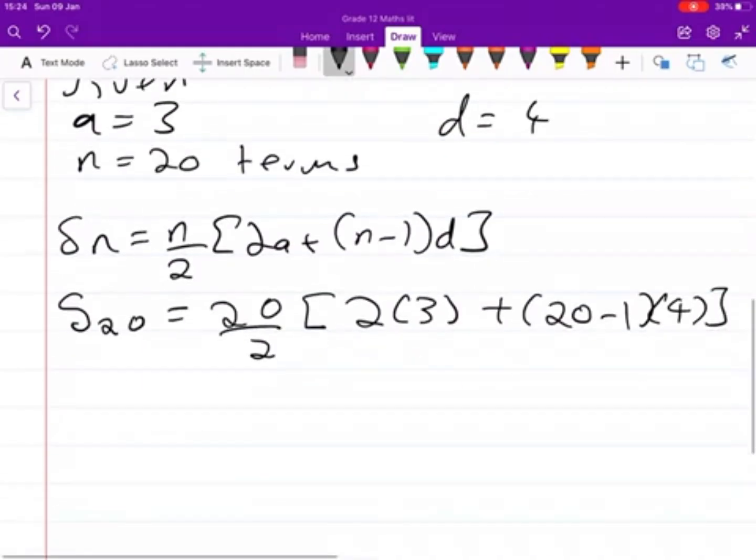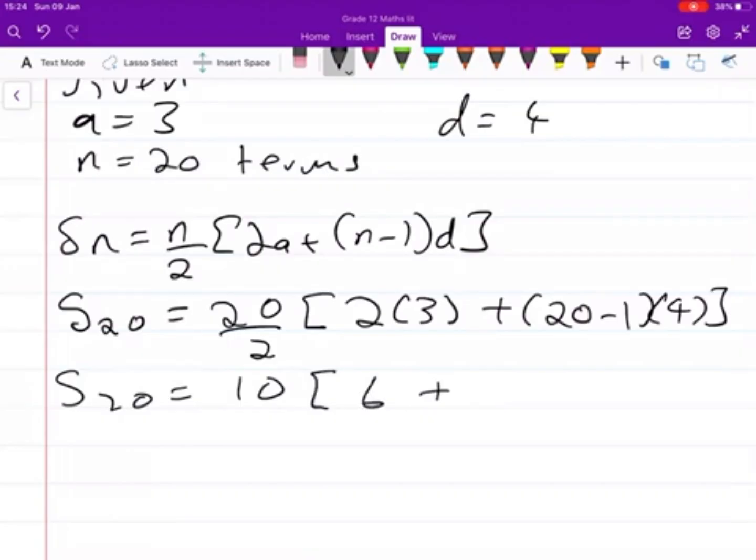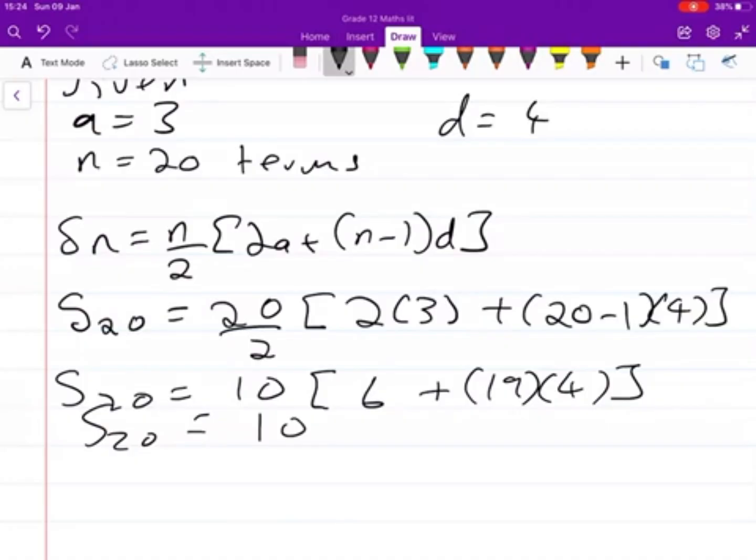That is very important. So S20 equals 10, and this is 6 plus 19 times 4.